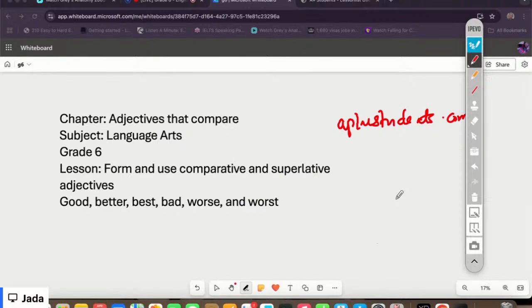Click on your name, move on to language at grade 6. The chapter is adjectives that compare, and the lesson will be form and use comparative and superlative adjectives: good, better, best, bad, worse, and worst.